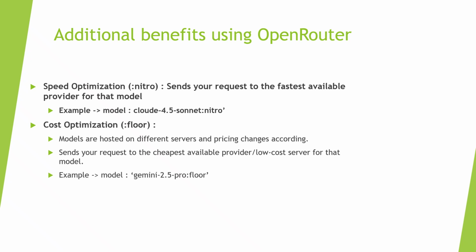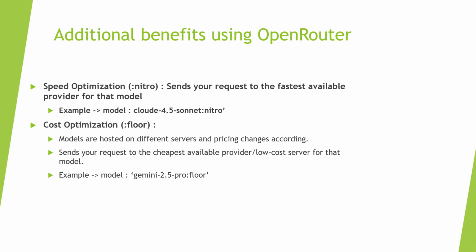Let's say you have a business need where your customer is not getting the response very fast when communicating with your AI agent. This will help you improve the response time of your agent model.